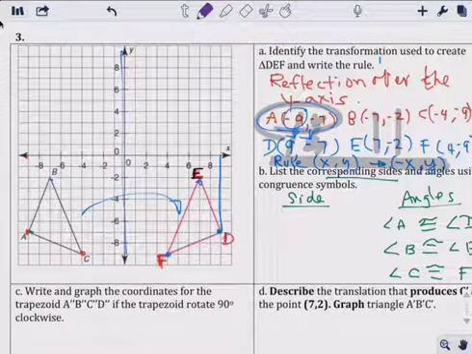Okay, so for the sides, you can write line segment AC is congruent to line segment FD.